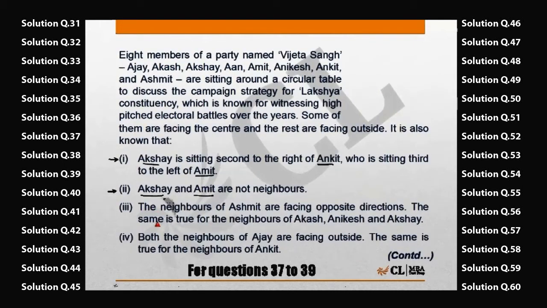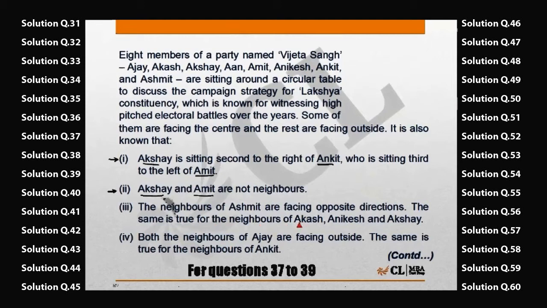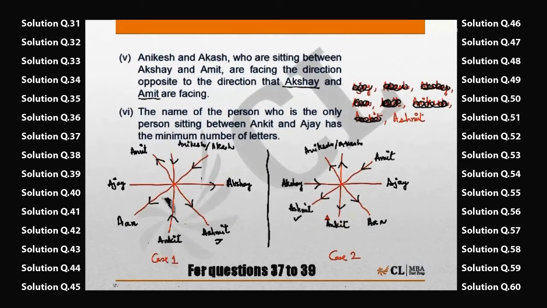Let's look at the ones that we missed out. The neighbors of Ashmit are facing opposite directions, Ankit and Akshay, so this is fine. This is also fine. And the same is true for the neighbors of Akash, Anikesh and Akshay.